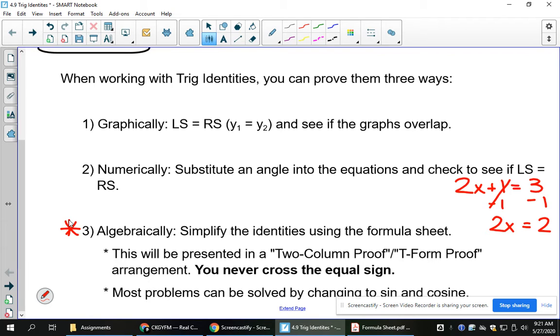Now, most problems can be solved by changing to sine and cosine. So if I give you a bunch of secants and tangents and things, a good first attempt is to change things to sines and cosines. Now, the reason why proofs can be so frustrating sometimes is because there is no one way to solve things.